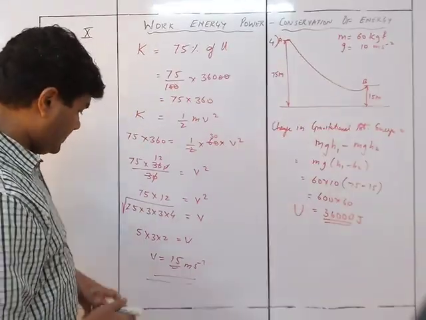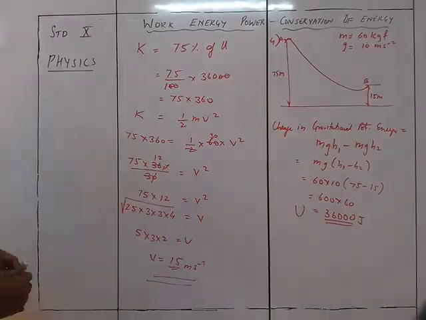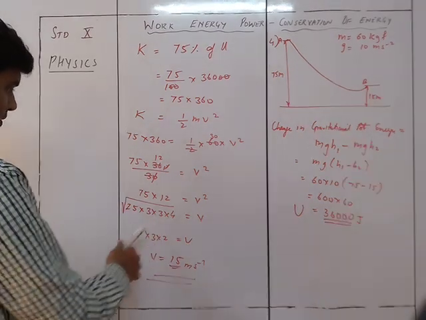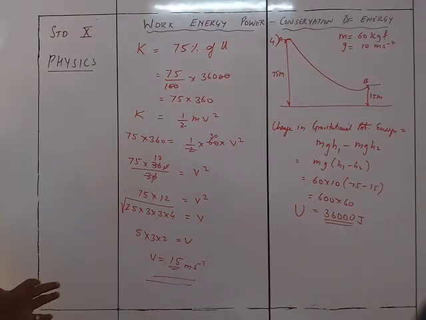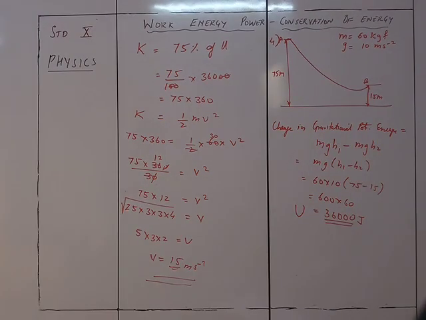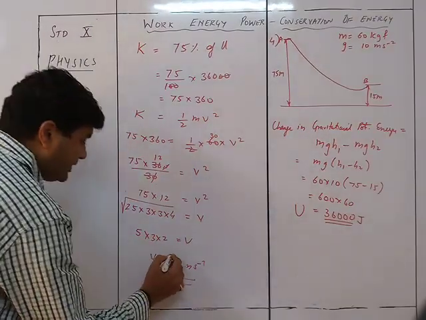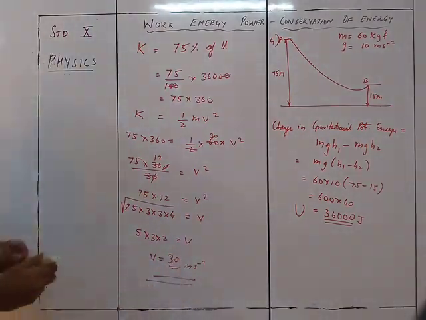Half mv square, 15 into 3 into 3. Right, so it is, oh, mistake, 30. 15 into 2, yeah.